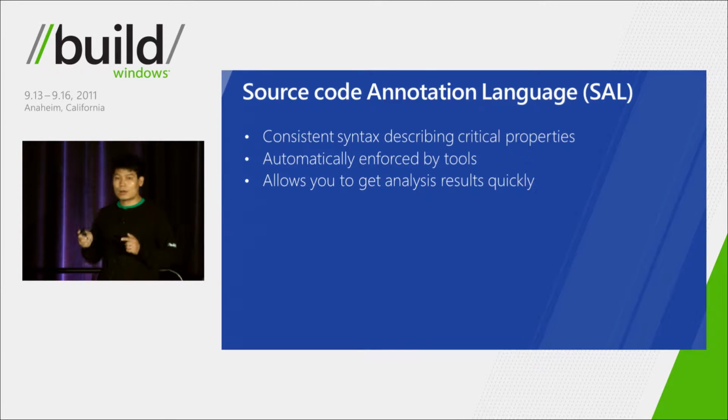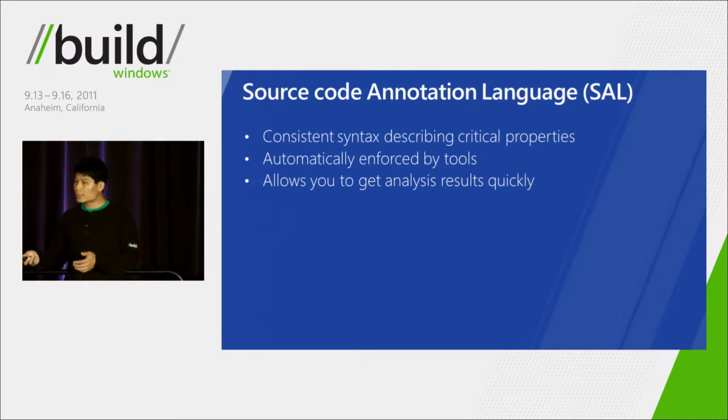These are all critical programming properties that you need to think about if you want to design, implement, or use your API properly. Unfortunately, existing languages like C and C++ don't provide built-in support for specifying these properties. So in the past, you had to rely on code comments or informal documentation.